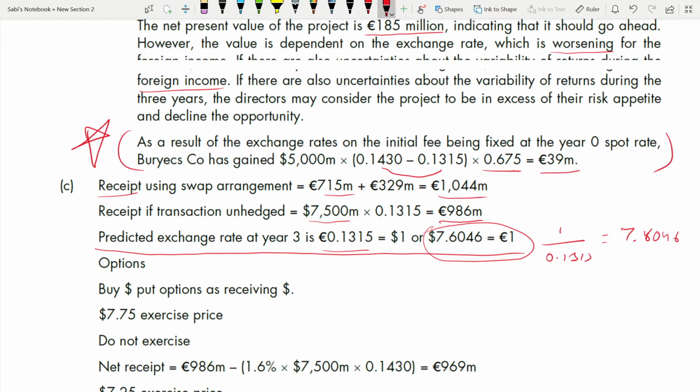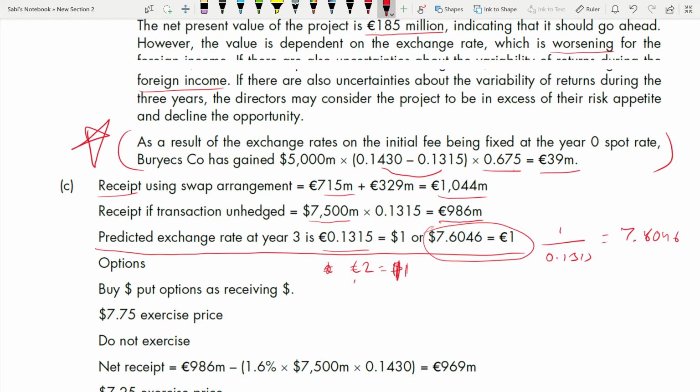Let's say 2 euro is equal to $1. These are just imaginary numbers. Now if you want to find how many dollars will make 1 euro, right?